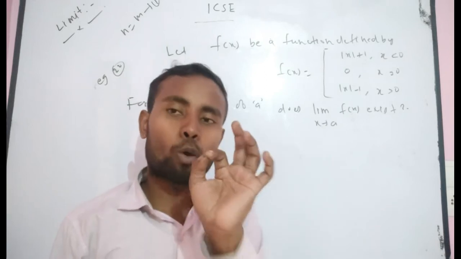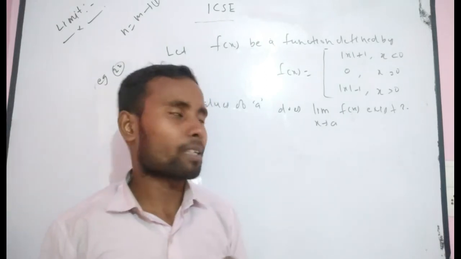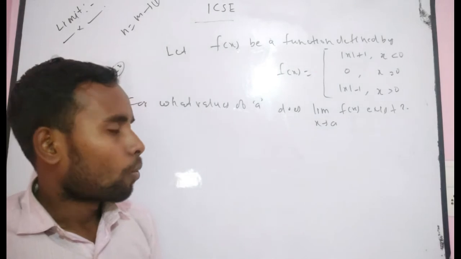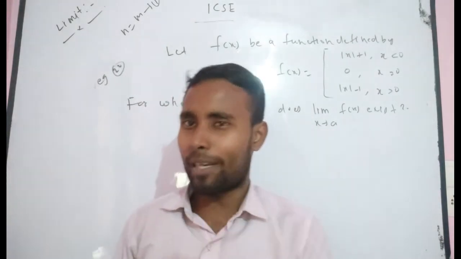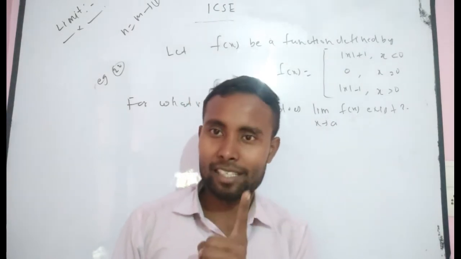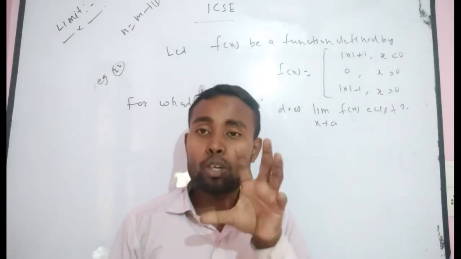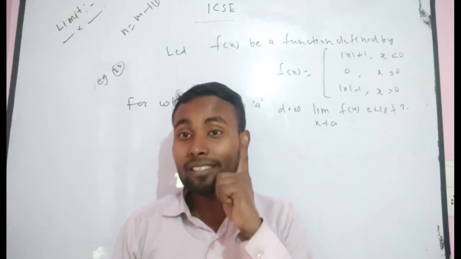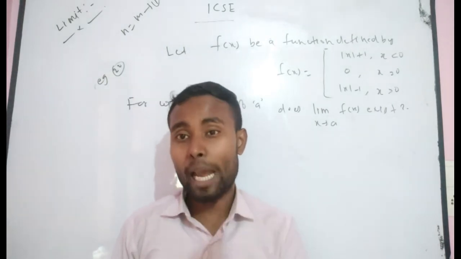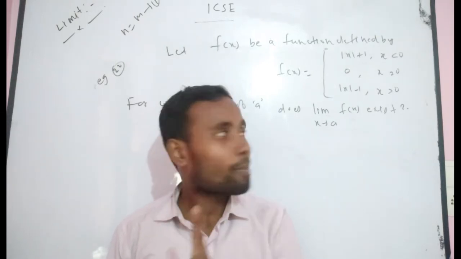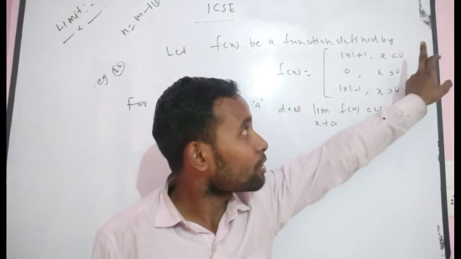But I want to tell you a very important point. Whenever they ask you to check the existence of a limit, in most cases there is a single doubt point at which we have to check, the common point, that means 0.